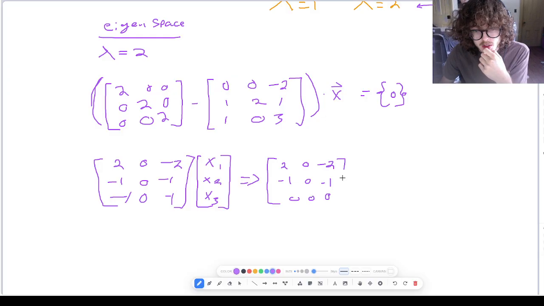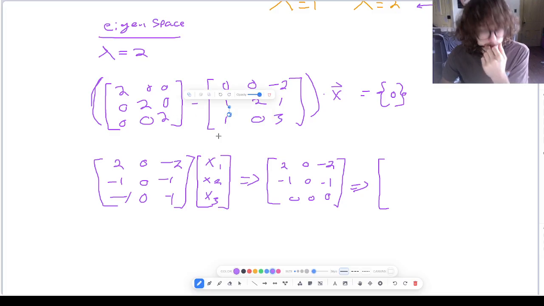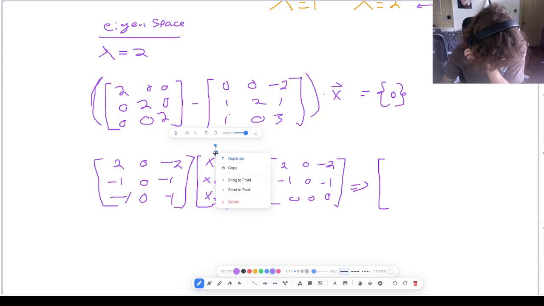And notice we can do the same thing with the second row, with the first row. Let's see here, what did I do?